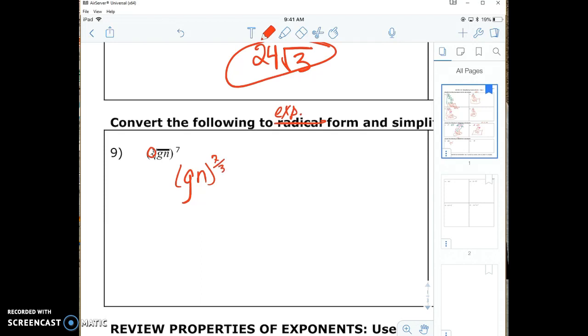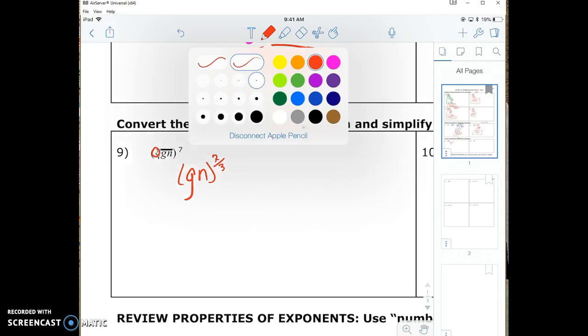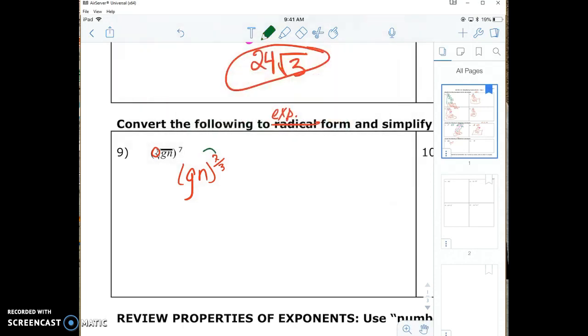So my simplified answer is g times n to the power of 7 over 3. Using the power of products, I could distribute this to all the exponents inside my parentheses. So I would have g to the 7 over 3 times n to the 7 over 3.